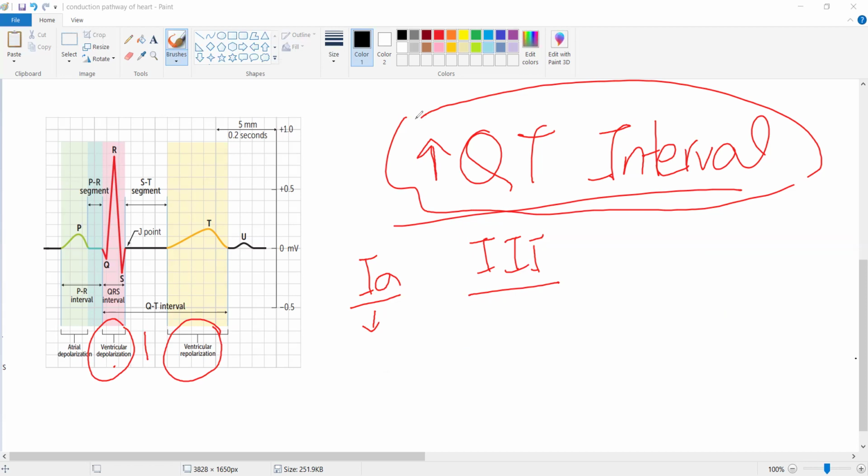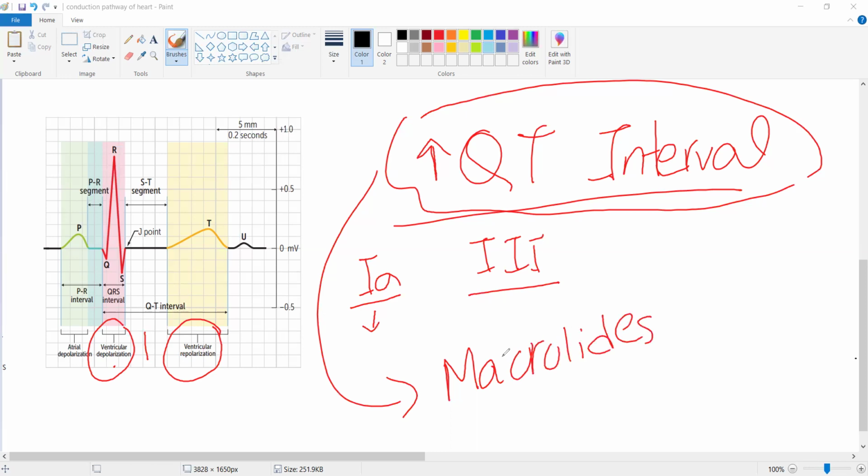Can anybody tell me which class of antibiotic increases the QT interval? Fluoroquinolone, absolutely right. Macrolide. And opioids, right?